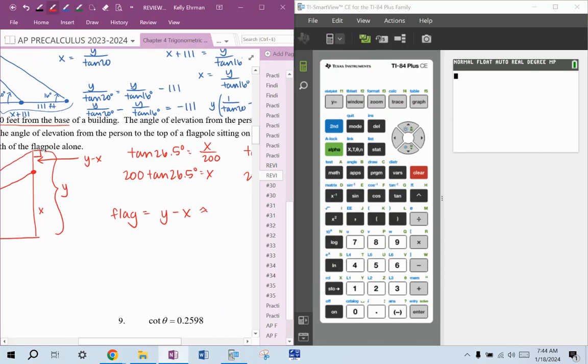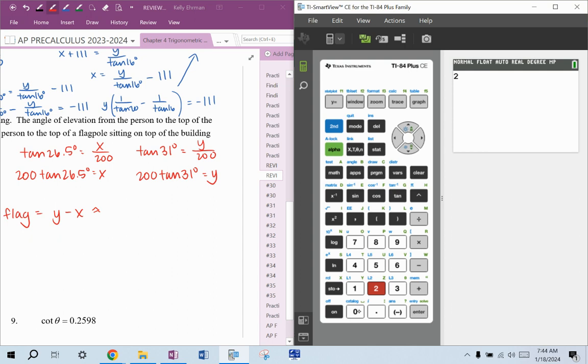So 200 times the tangent of 26.5, minus 200 times, I just started typing this in the wrong order. So I'm going to get the answer, but it's just going to be negative. So I should have flipped the order for that.